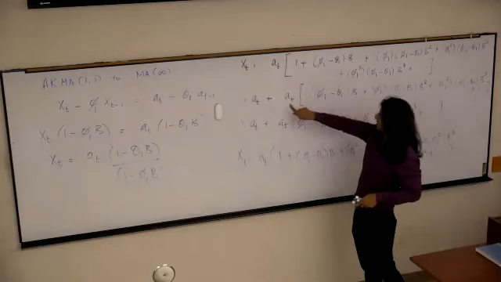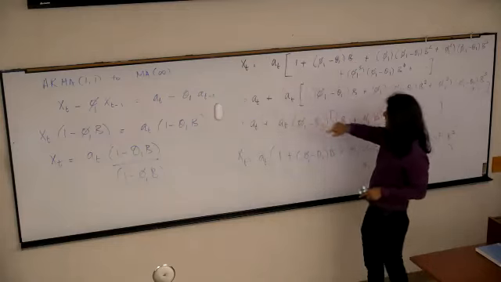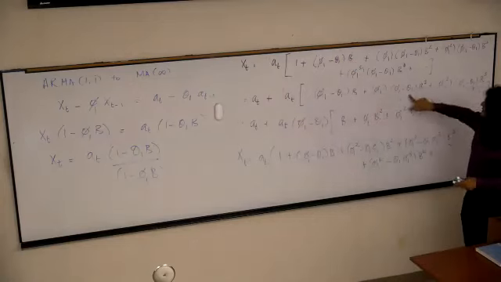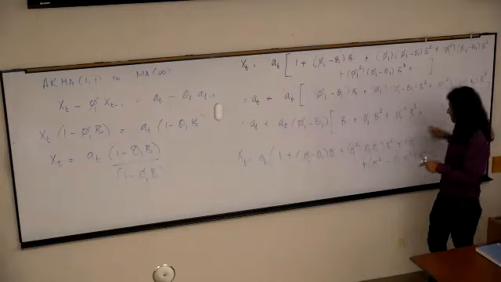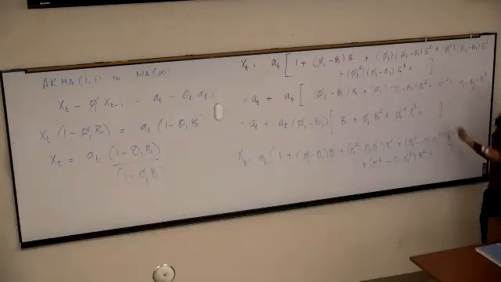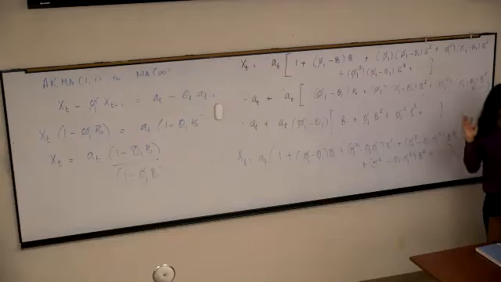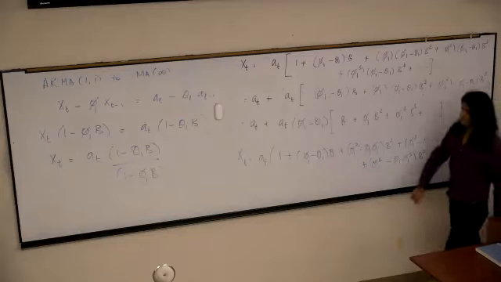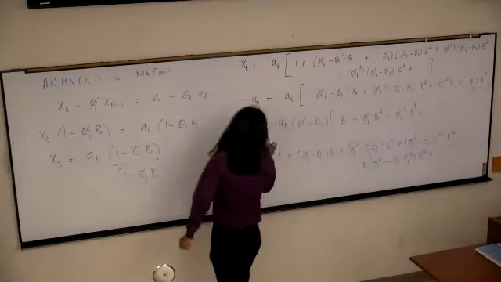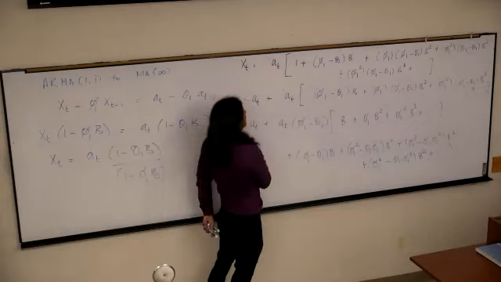So I distributed, kept at out here, and the common term phi1 minus theta1 comes out, and this is what I have. There is a pattern. All I'm trying to do is write it in a concise or compact way using a summation sign. What should that summation expression look like?